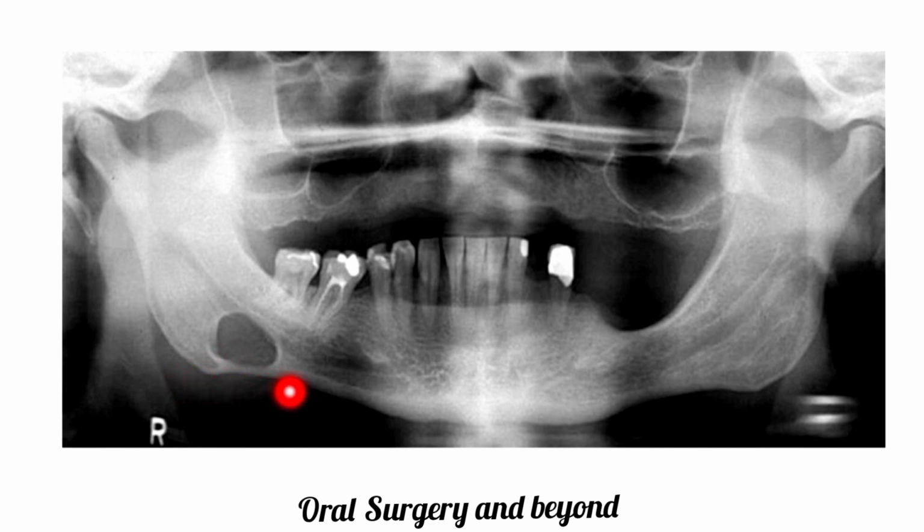Actually it's not a pathology, it's a congenital anomaly present on the posterior part of the mandible. This is called a Stafne bone defect, or Stafne cyst, or Stafne pseudocyst. It looks like a cystic presentation on OPG, but actually it's not a cystic pathology.